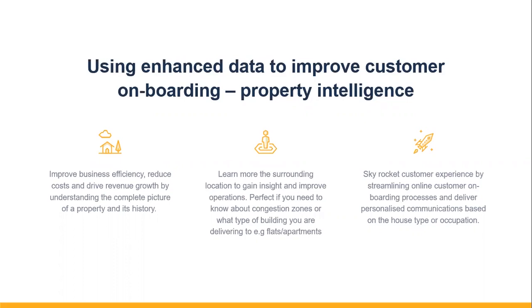What's the access like? And we're working really, really hard to improve our databases on this so that we can give retailers exactly that information. So not only do you get an address, but you actually get more enhanced information and intelligence about that. And this can then help with that customer journey and getting your products ultimately in their hands faster and better.